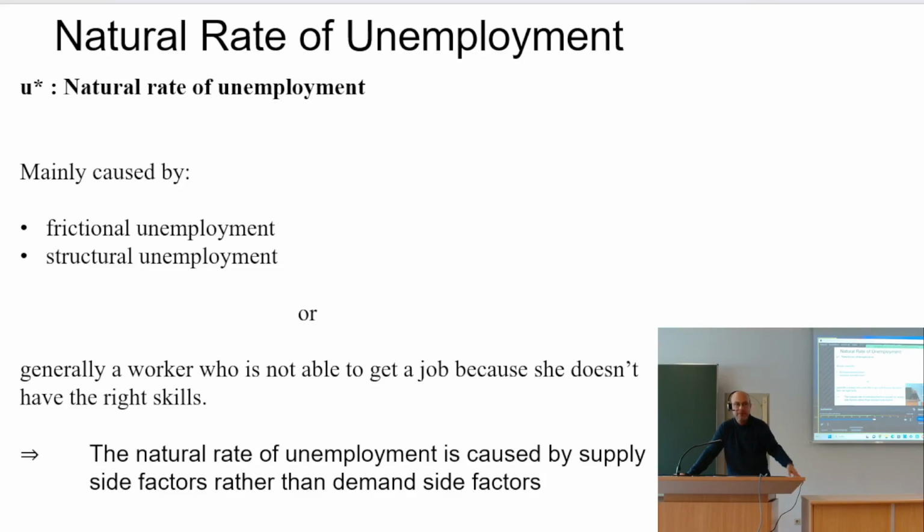And if we say we have some potential output, then we can associate this potential output also with an unemployment situation. This unemployment situation, which corresponds to our potential output, we call the natural rate of unemployment.